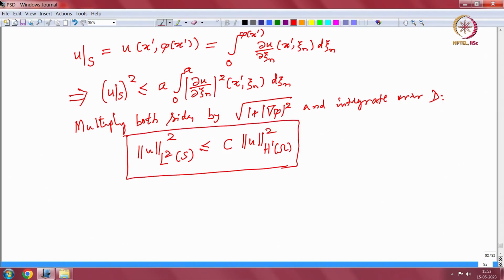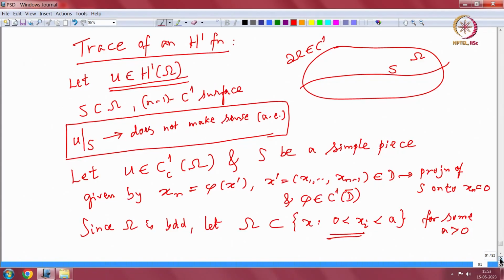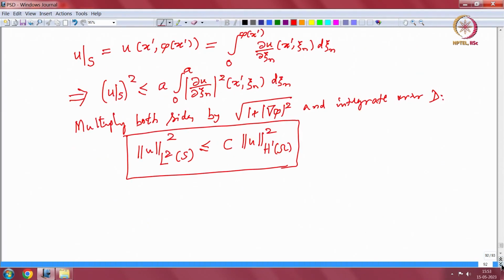Okay. So, starting with a C1 function with compact support, and taking S to be a simple piece, we derived this estimate on the L2 norm on the surface S. I stress that.